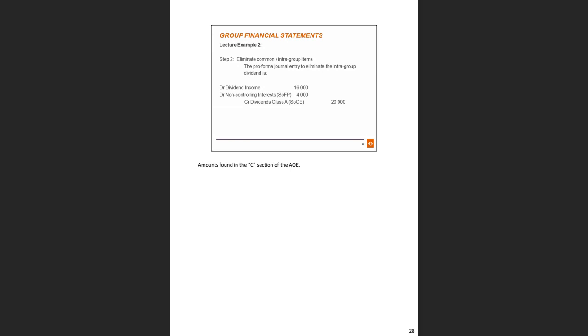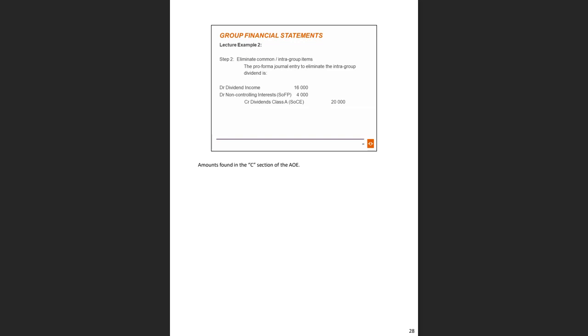And the journal entry we do is to debit dividend income. We're basically stripping out this income from P's books of 16,000, and then we're debiting non-controlling interest being 4,000 Rand, and then we're crediting our dividends Class A account from our statement of changes in equity. These figures all come from Part C in your analysis of owner's equity. So the total dividend declared was 20,000 Rand from S. This was declared to all of its shareholders.